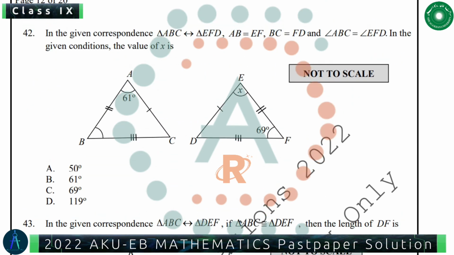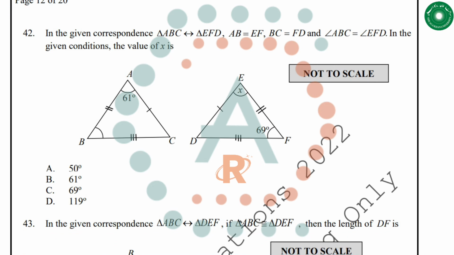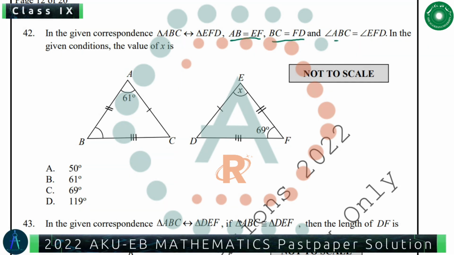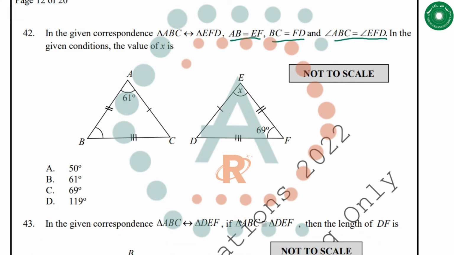Next we have question number 42. In the given triangles correspondence ABC and DEF, AB is equal to EF, BC equals FD, and angle ABC is equal to angle EFD. Then with the help of the given condition, we have to find the value of x.